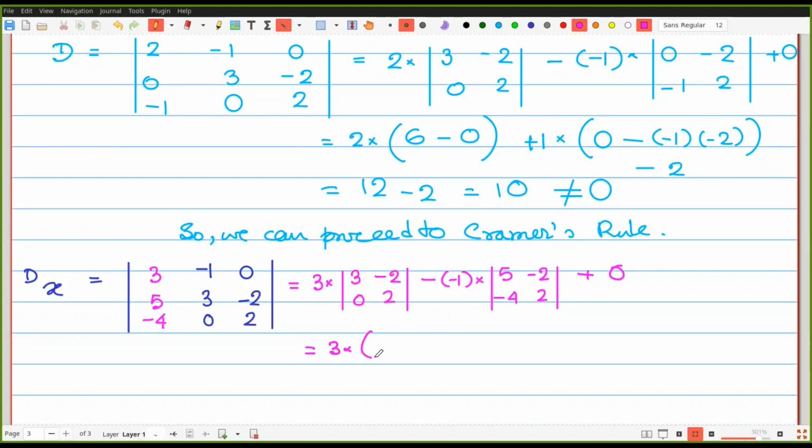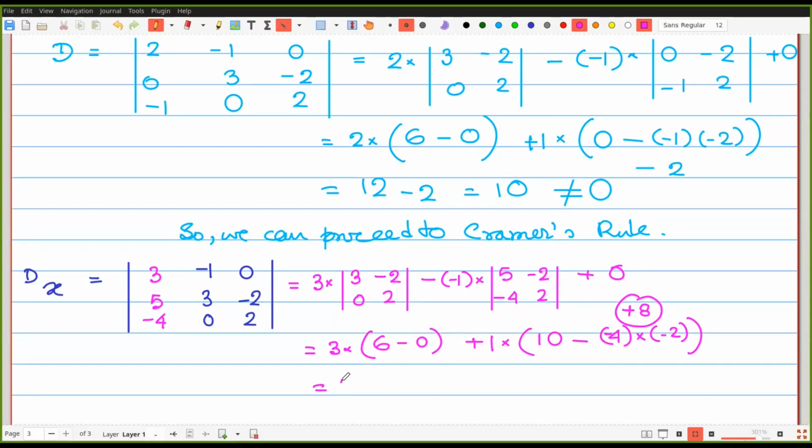So 3 into 6 minus 0, minus of minus 1, that means plus 1, into 5 into 2, 10, minus of minus 4 into minus 2. So that one is plus 8, so that means 10 minus 8.